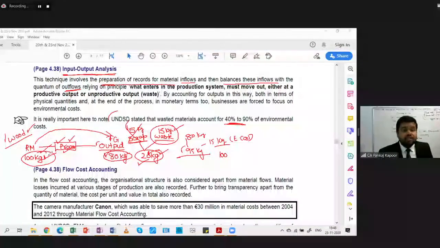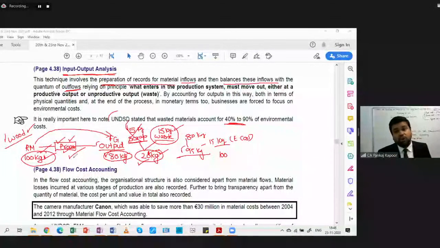Hence, instead of inputting 80 kg and producing 80 kg, you input 100 kg and produce only 80 kg. So 20 kg you worked upon, and on that you also incurred cost in the form of electricity and other costs, which also harm the environment somewhere.